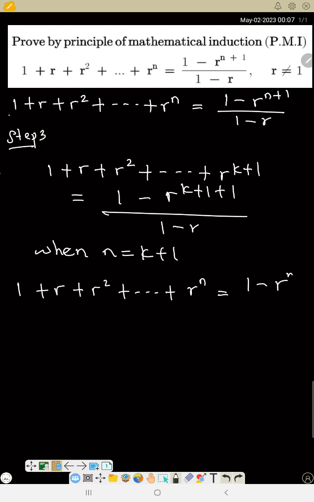So r raised to power n plus 1 divided by 1 minus r. So this has given us back this series. So that means we have proof using induction.